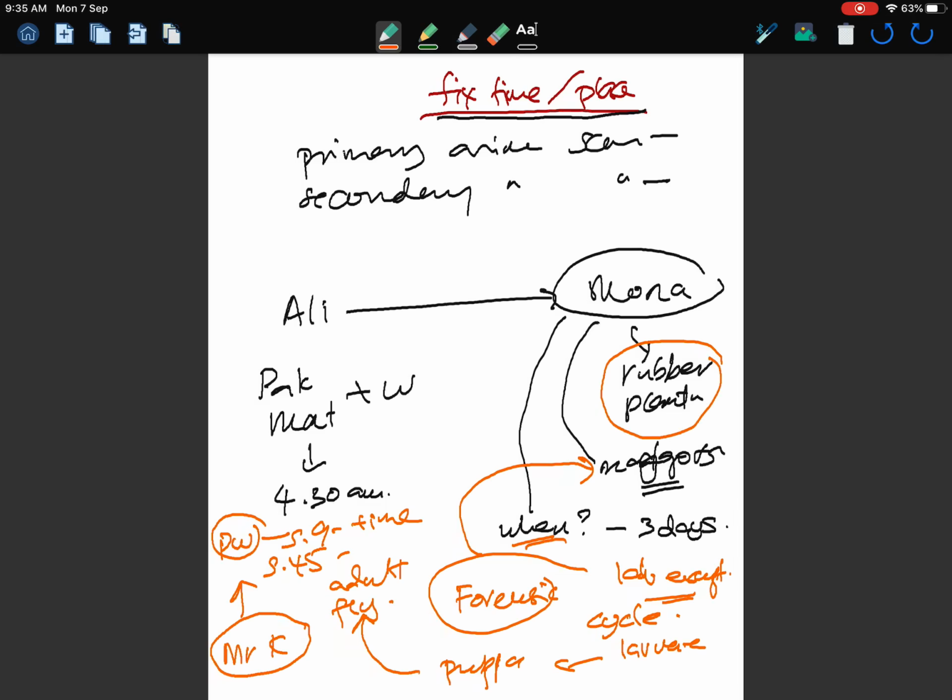You got to look at the facts. Dalam context, in the case of Ali kill Mona, you got to see whether the blood found at the scene of the crime, the blood found at the rubber plantation here, will reflect that the murder happens there or not. Or does it reflect this to be a secondary crime scene where the body could have been transported to this location and dumped here?